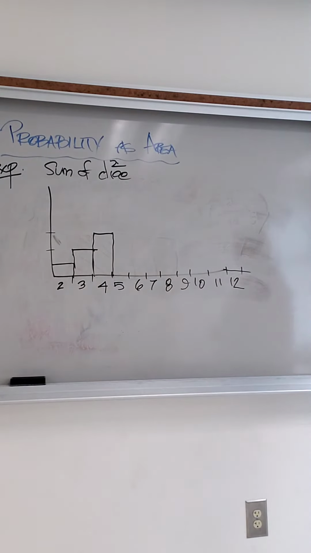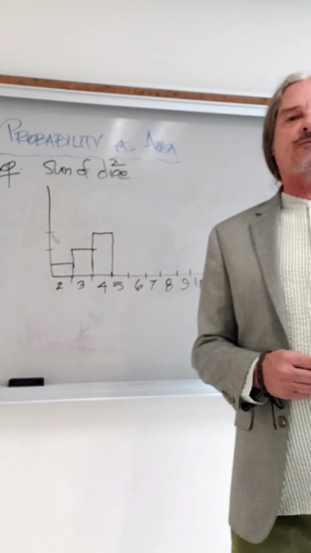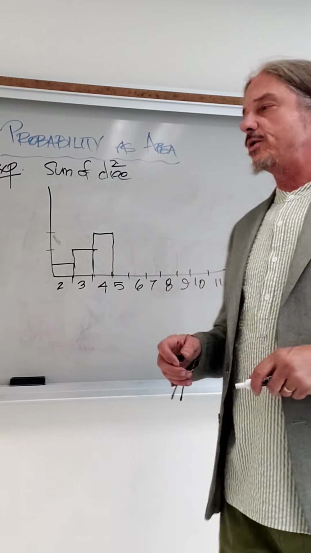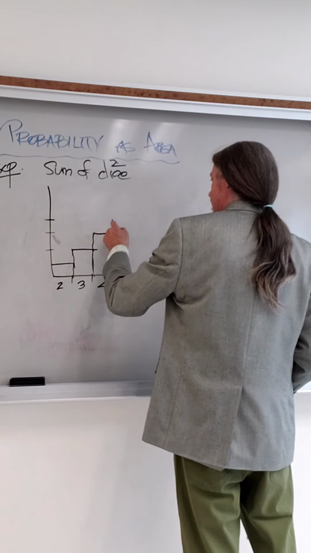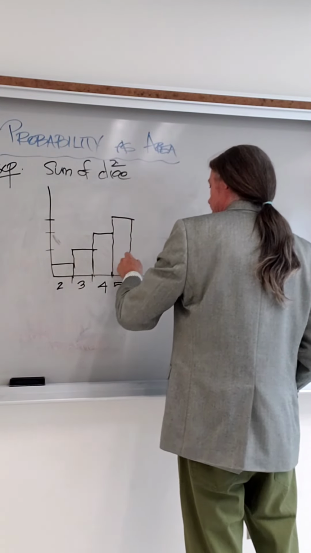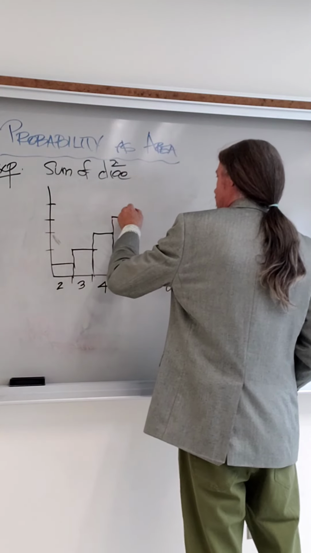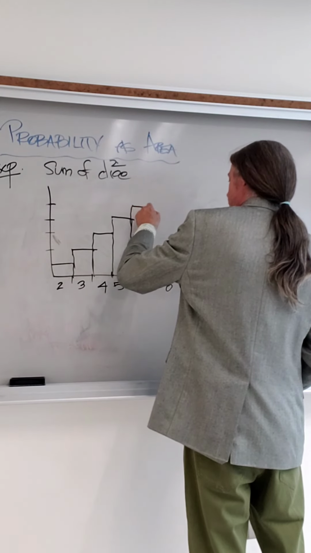And so forth. Now, when you roll a 5, again, that's going to be one more way. A 6 is going to have one more way.